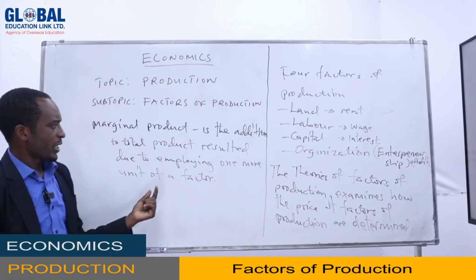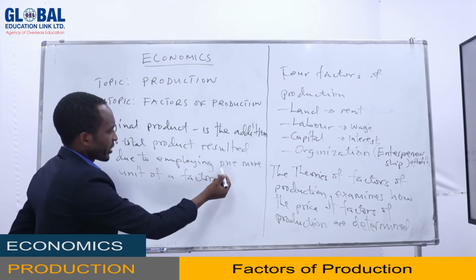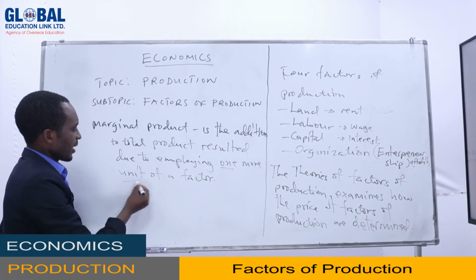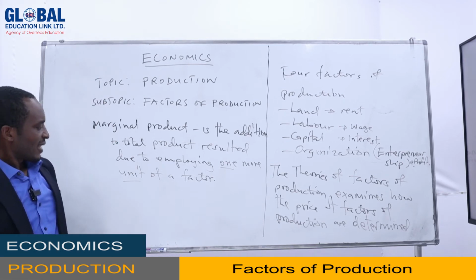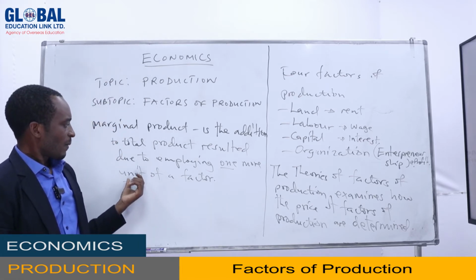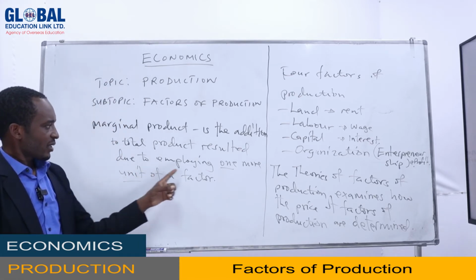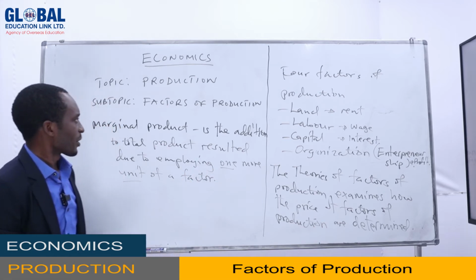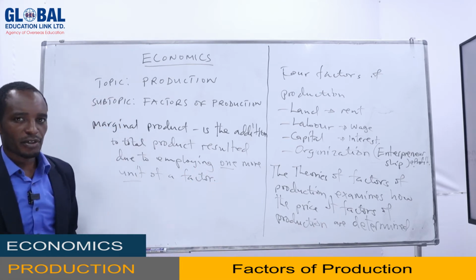So when we employ one more unit of a factor, the output which results from employing this unit of the factor we call the marginal product.